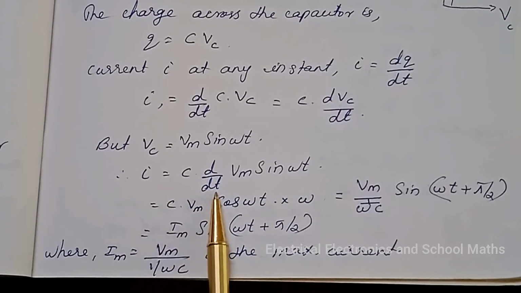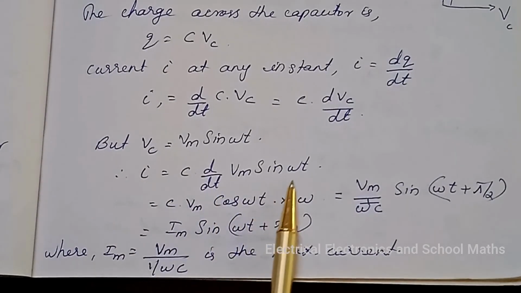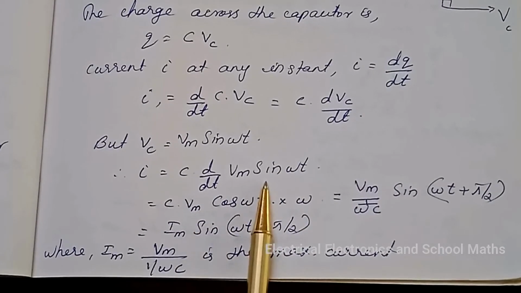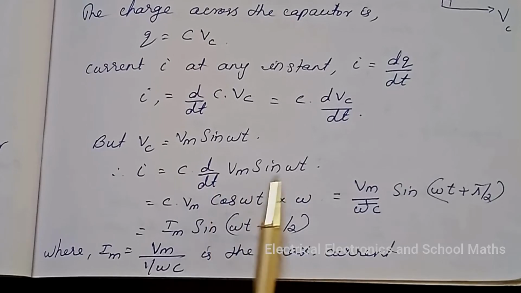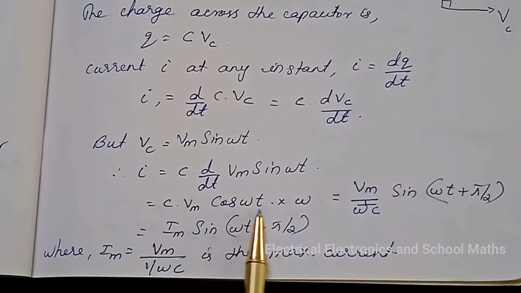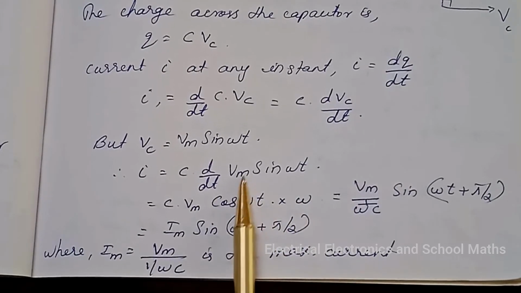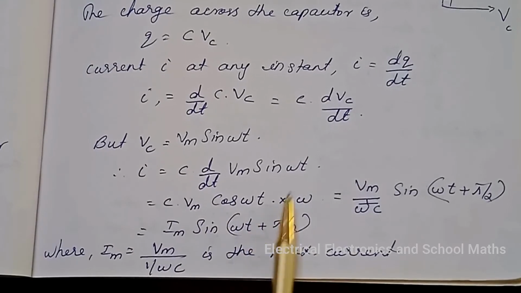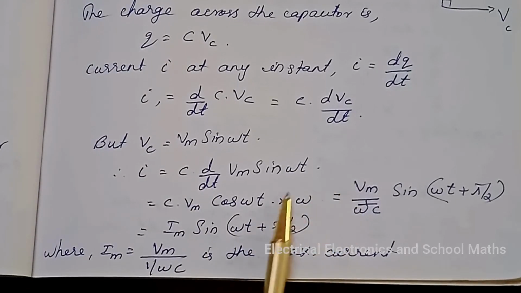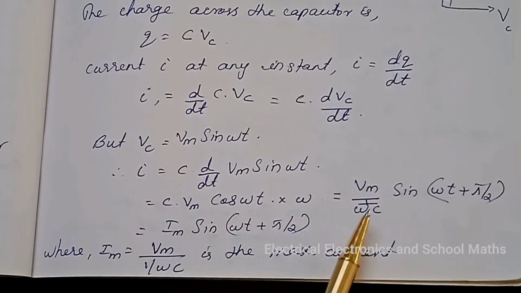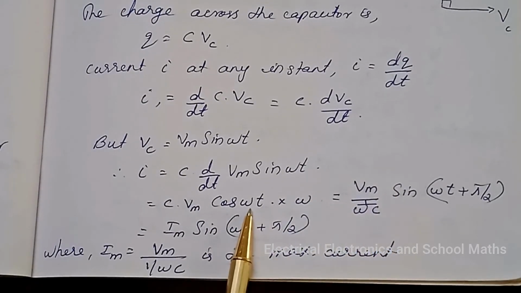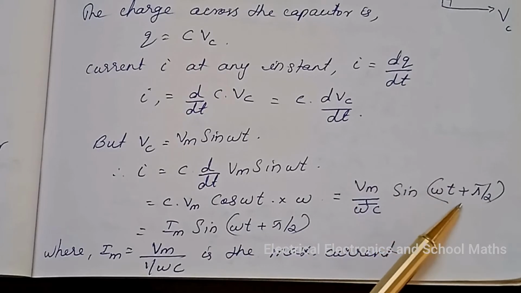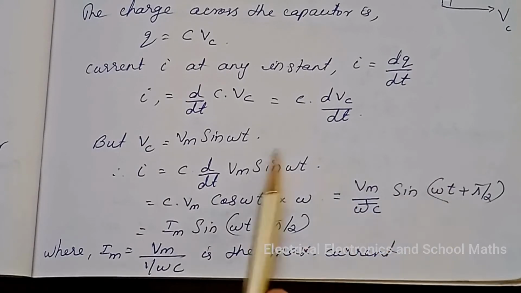The derivative of sin omega t is cos omega t into omega, and Vm and C are constants, and we get Vm divided by 1 by omega C into cos omega t, which can be written as sin omega t plus pi by 2.